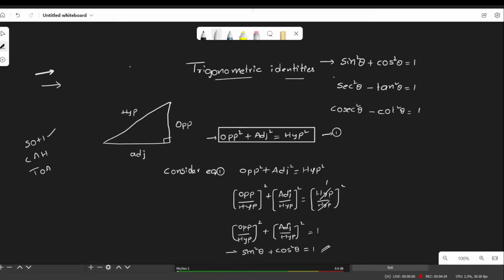Since opposite by hypotenuse is sine theta and adjacent by hypotenuse is cos theta, sine square theta plus cos square theta is equal to 1. That's it. Now from the same Pythagoras theorem, I'll prove one more identity.